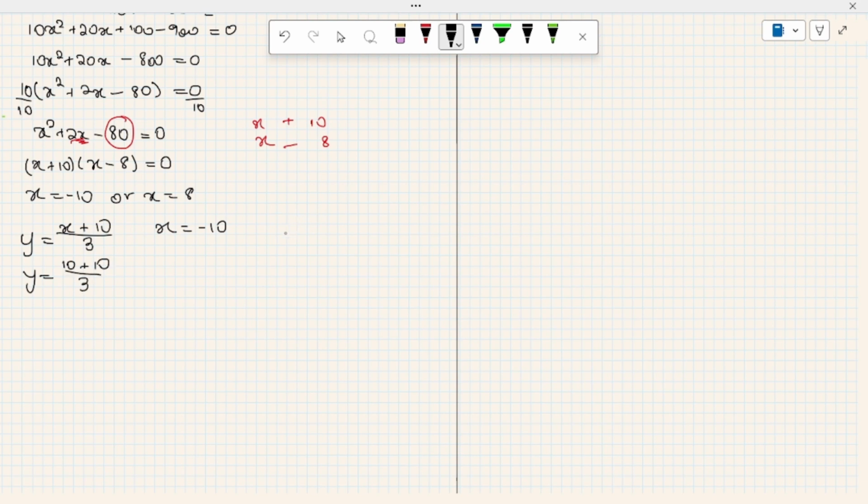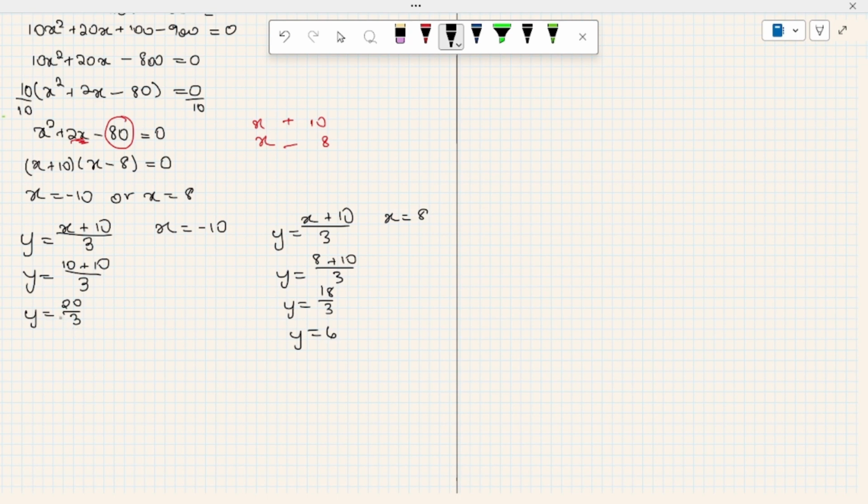And when x is equal to 8: y is equal to 8 plus 10 over 3, so y is equal to 18 over 3, which is 6.